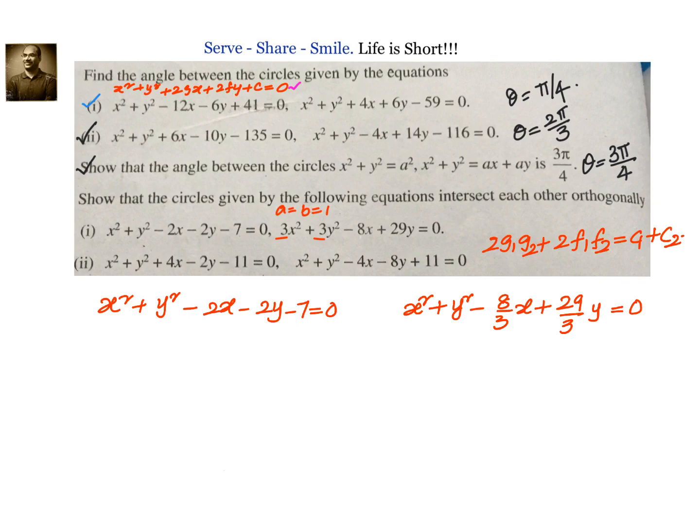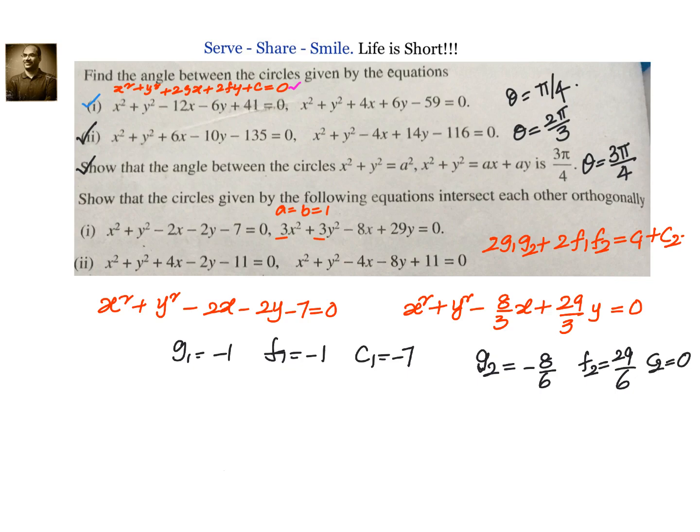So let's find out g1, g2. g1 is minus 1, f1 is minus 1, c1 is minus 7, g2 is minus 8 by 6, f2 is 29 by 6, c2 is 0.